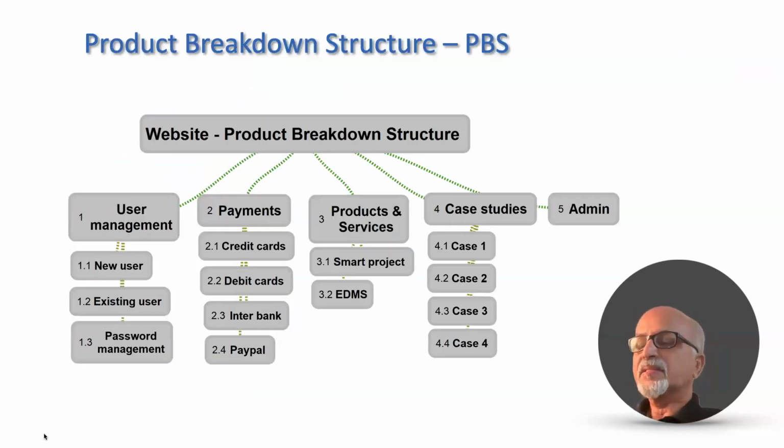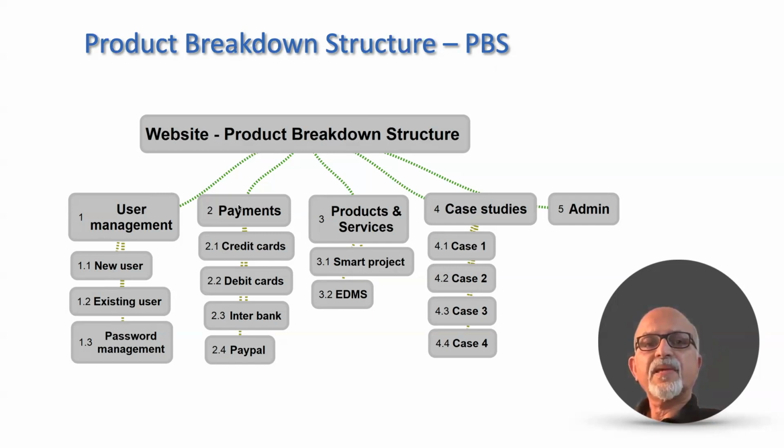Once the detailed requirements are known, we slowly create the product breakdown structure, also known as the PBS. Here is an example of a product breakdown structure of a website. It should have user management for new user, existing user, and password management.